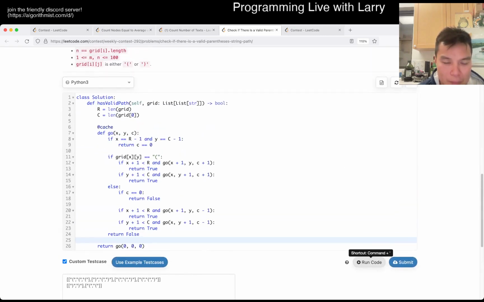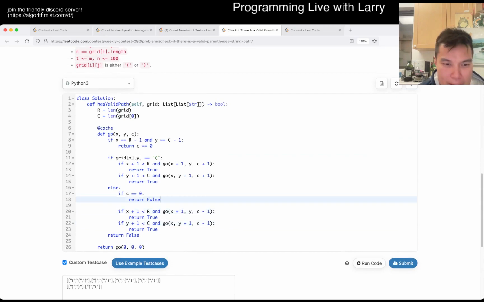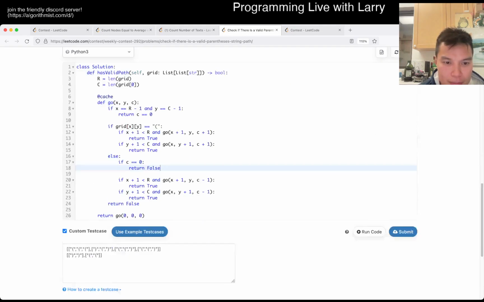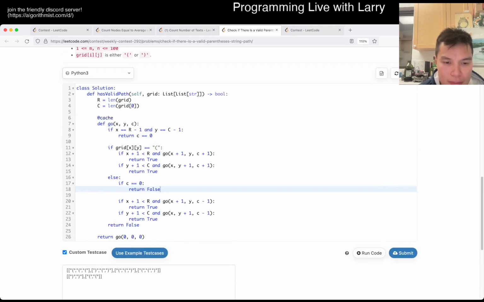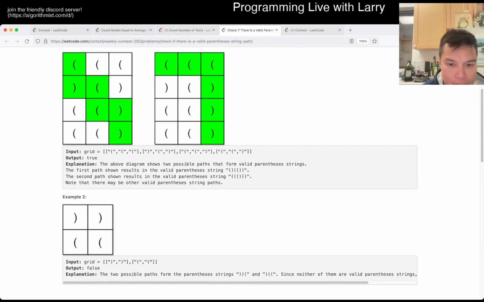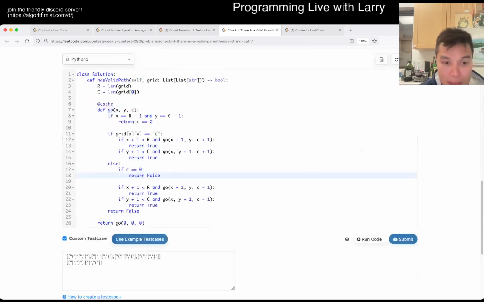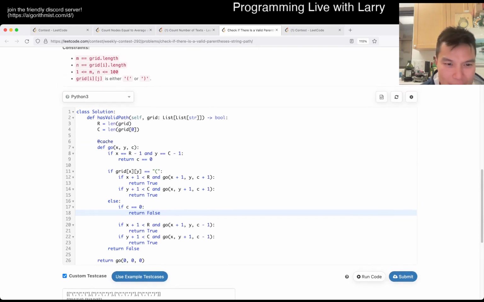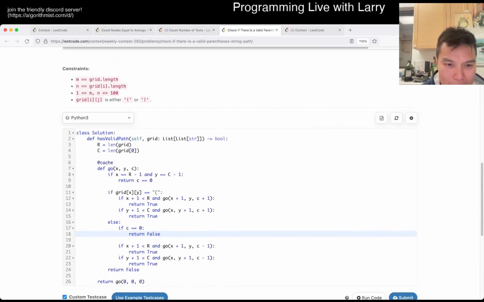Maybe I have a typo. Why is this false? Maybe I don't know how to solve this, but I think this is roughly right, but maybe I have a typo somewhere.